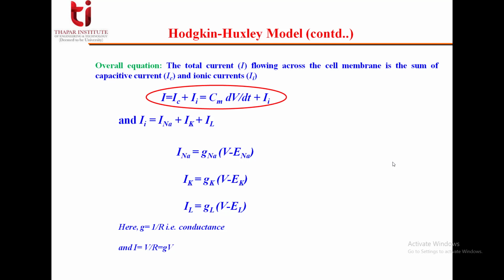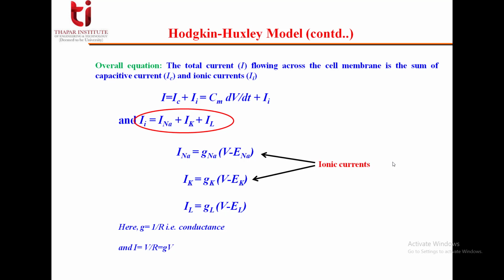Further, the ionic current includes the sodium ion current, the potassium ion current, and the current across the resistor, which we are considering as the leaky current.